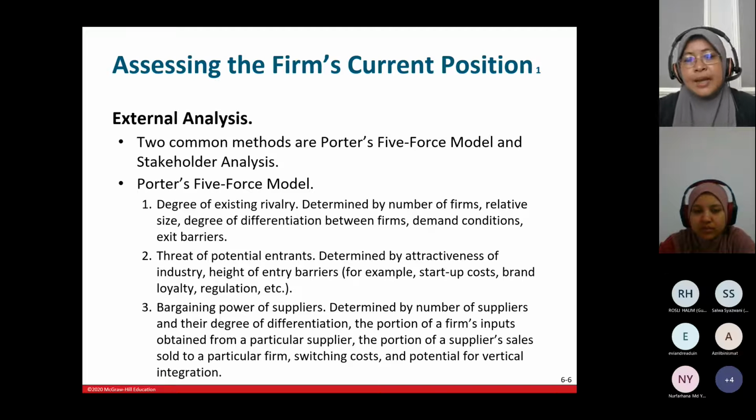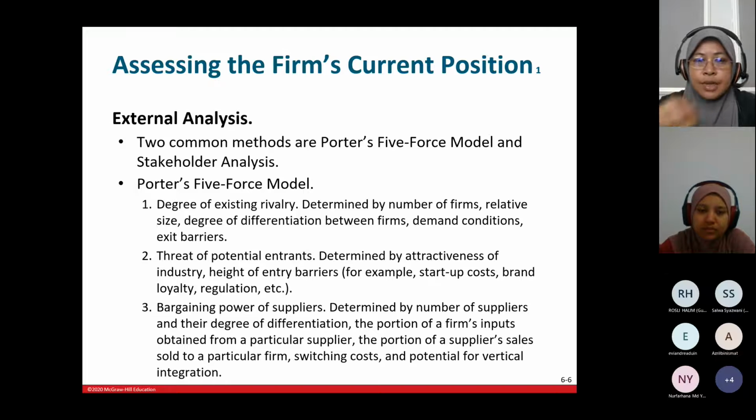If the rivalry level is high, the company will face problems, because any big change in the solution or product available to the market will make customers move from purchasing from the company to the competitor's company. This is why, if we have many players in the same industry, price is always a matter, especially in the online situation.